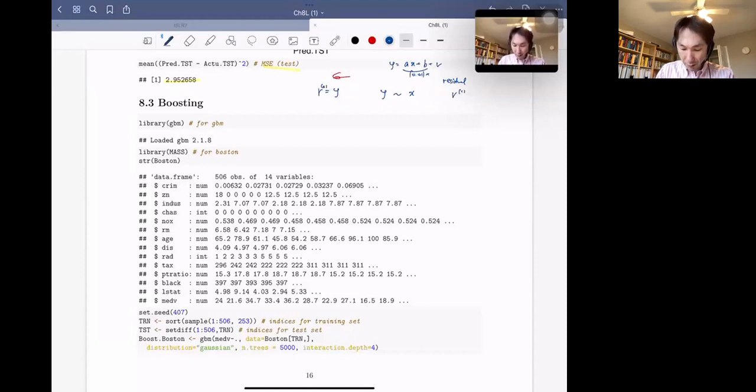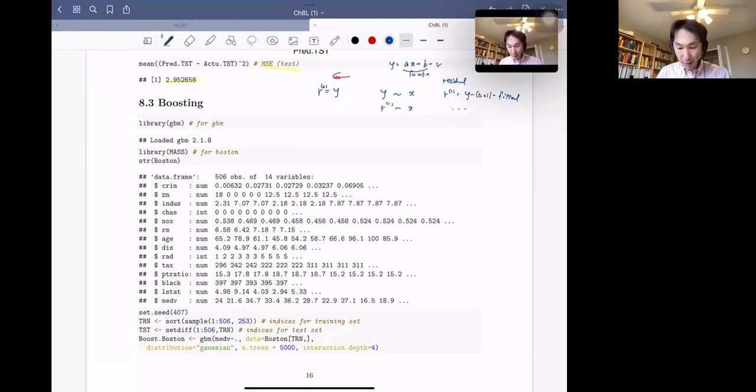Then we define R1 as y minus 0.01 times the fitted value. And then in the next step we regress R1 on x and we repeat.